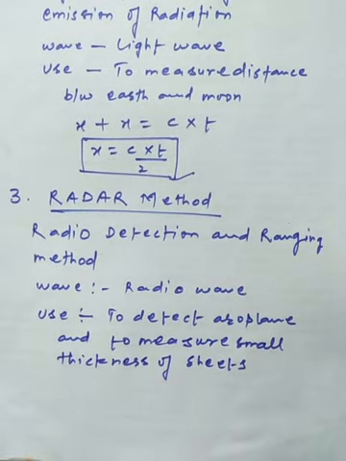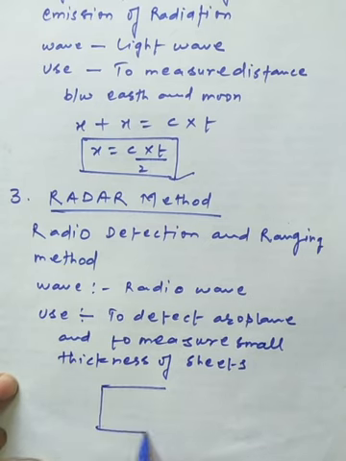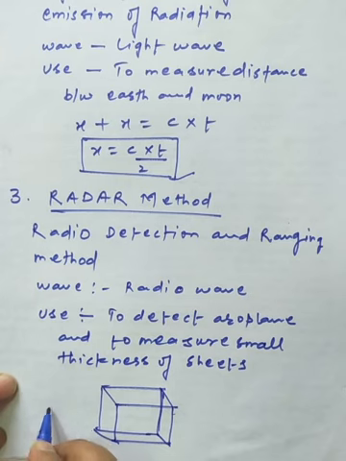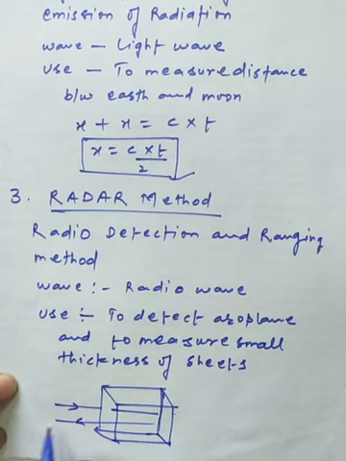So we use this method, and we have a basic diagram. How can we measure the thickness of the sheet? We have a sheet portion, and we produce the radio wave. The radio wave enters this portion and is reflected back to the source.